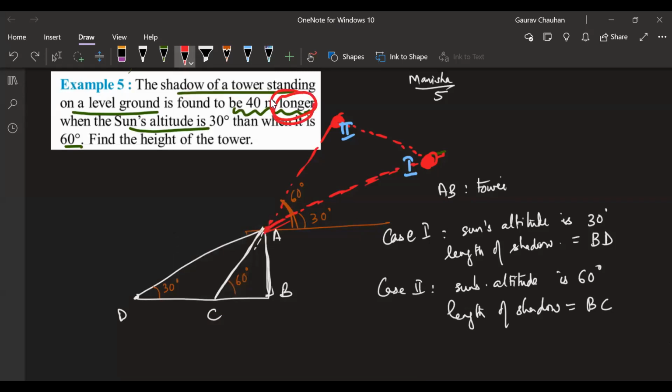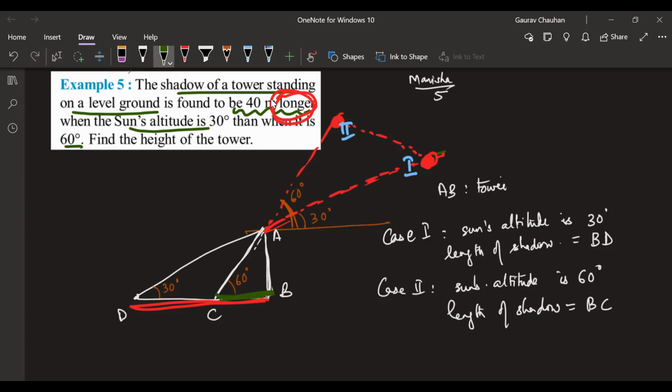The keyword there is the word longer because there's a comparison happening. So what it's saying is this is my shadow in case 1, this is my shadow in case 2. They're saying that the red line segment is 40 meters longer than the green line segment.